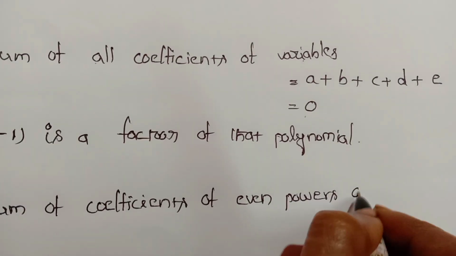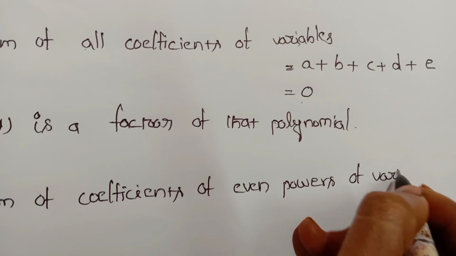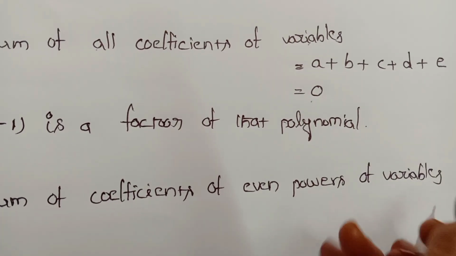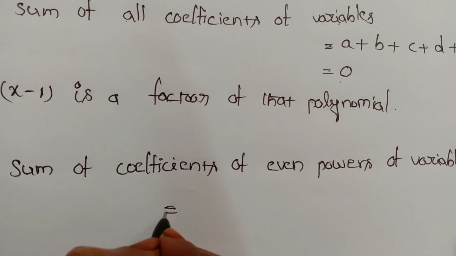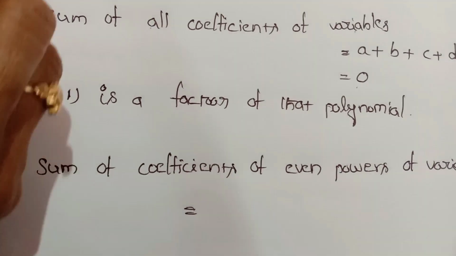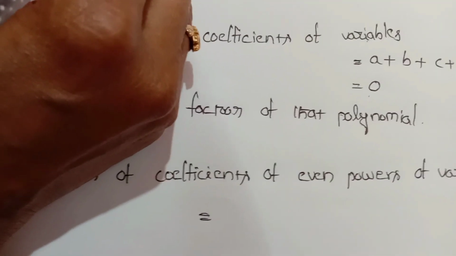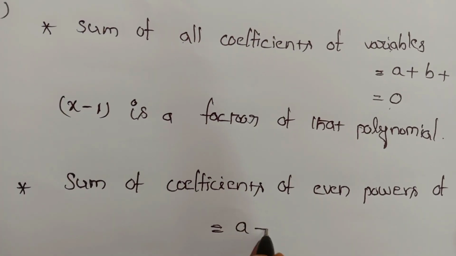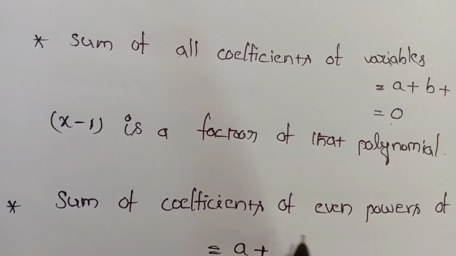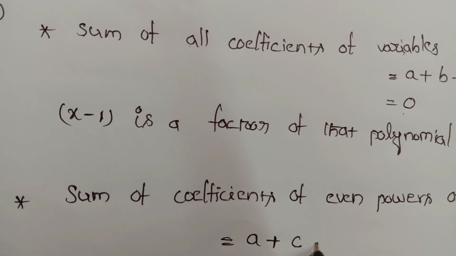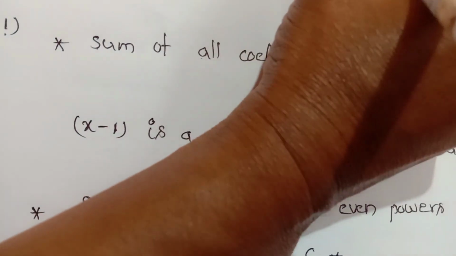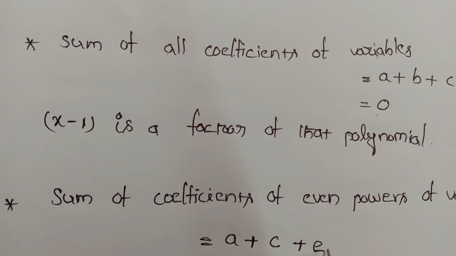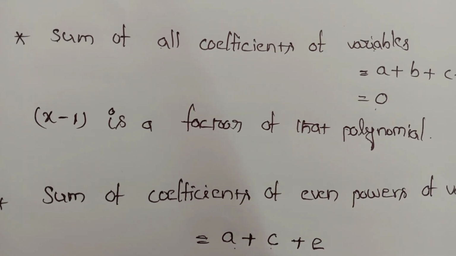In the given equation, what are the even powers? 4, variable a, plus 2, the even power variable c, plus e, meaning x to the power of 0, whose value is 1. So a plus c plus e.